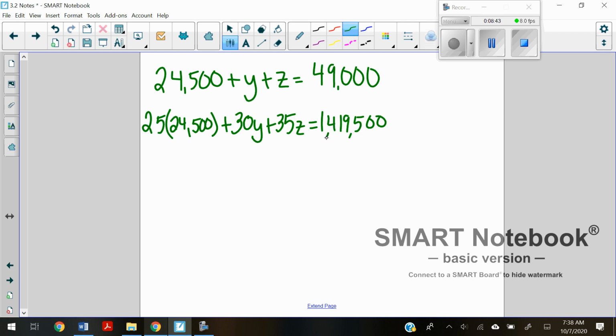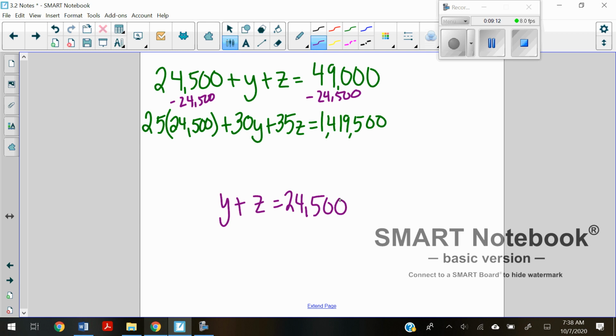Okay, both of these equations we need to do a little bit of simplifying too. We are going to subtract over my 24,500 in my top equation. Okay, and in my next, we're going to get Y plus Z equals 24,500.